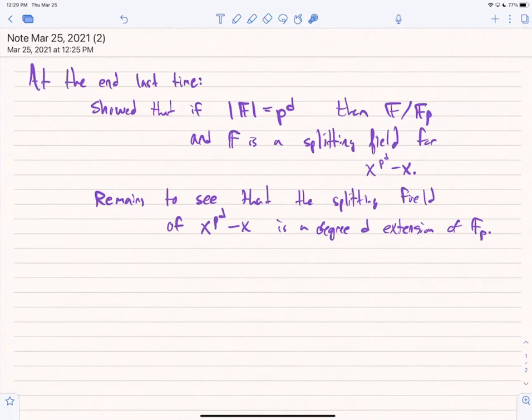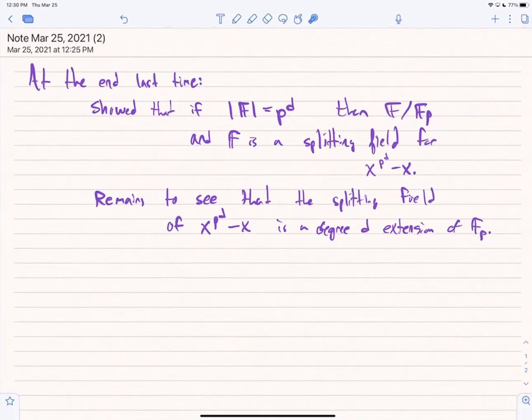So the idea of how we'll do this is we'll just take the splitting field, and it's not too bad to see that it's at least a degree d extension, but it could a priori be bigger.